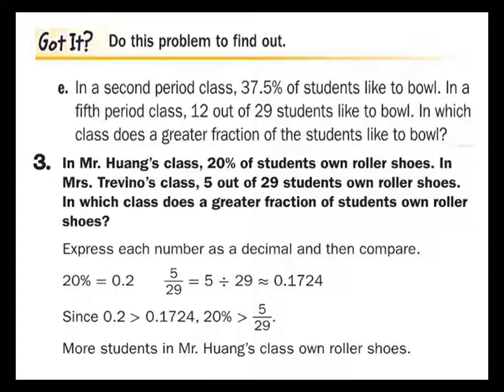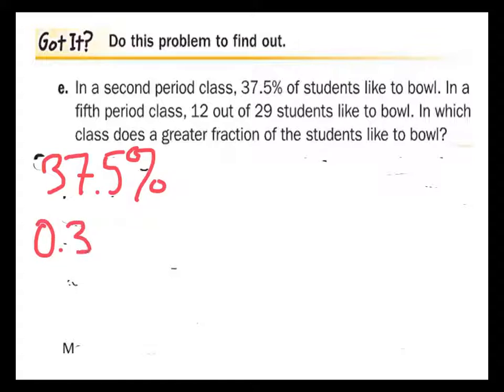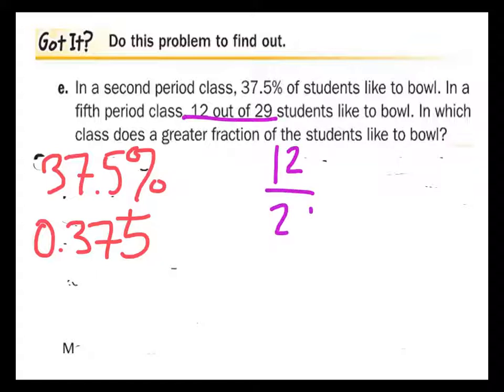All right. Here we've got 37.5 percent. What is 37.5% as a decimal? 0.375. Excellent. And then we've got 12 out of 29. What's 12 over 29 as a decimal?